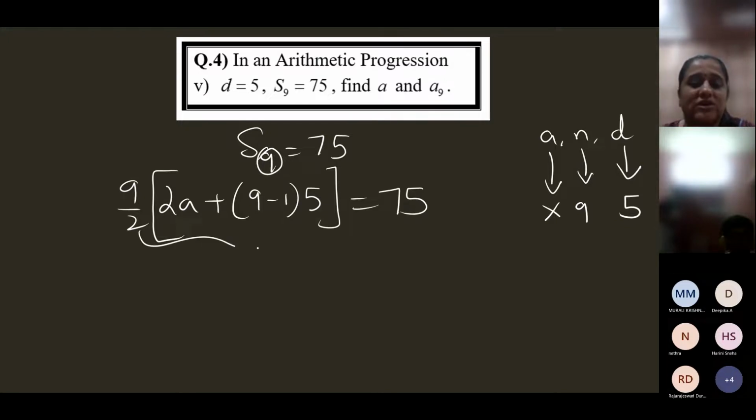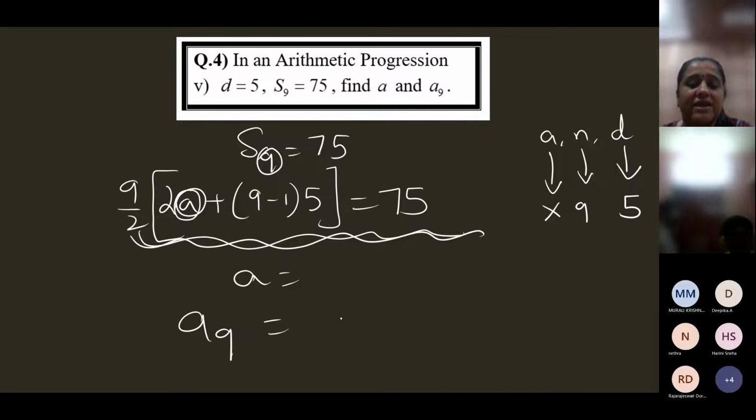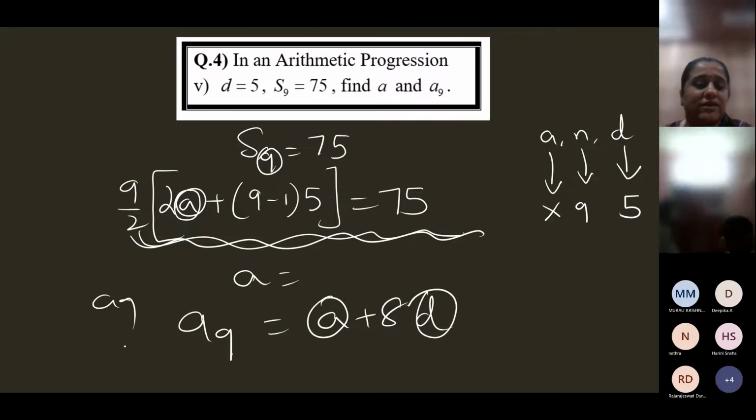In this equation, the only unknown is A. So you can solve this and find the value of A. And then you'll have to find A9. A9 is A plus 8D. So you know the value of A, you know the value of D. So substitute and find A9.